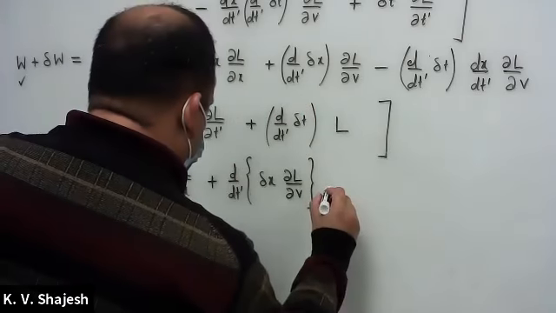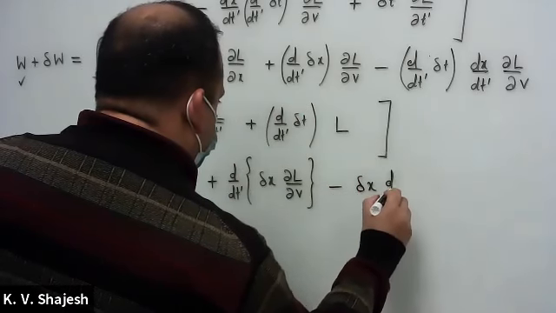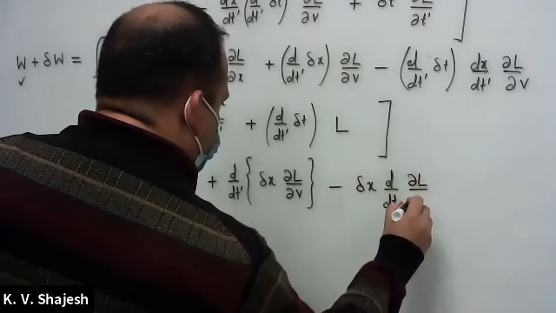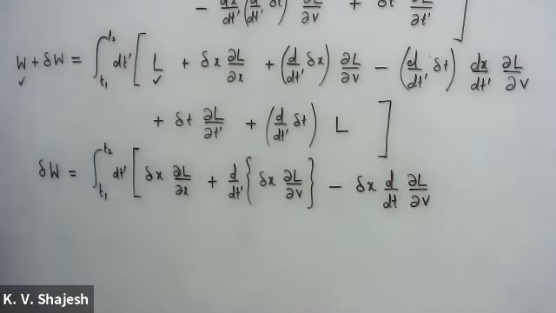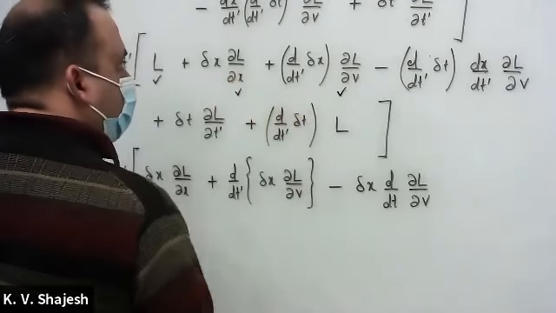So I have to take a negative, right? So this is delta x times d by dt of partial derivative of the Lagrangian with velocity. So that takes care of these two expressions.